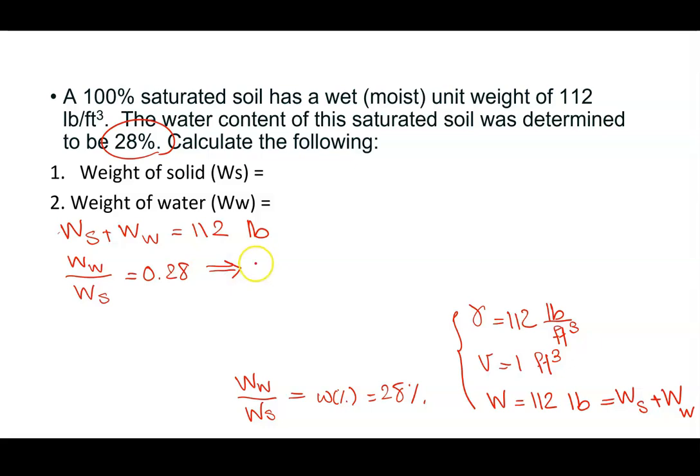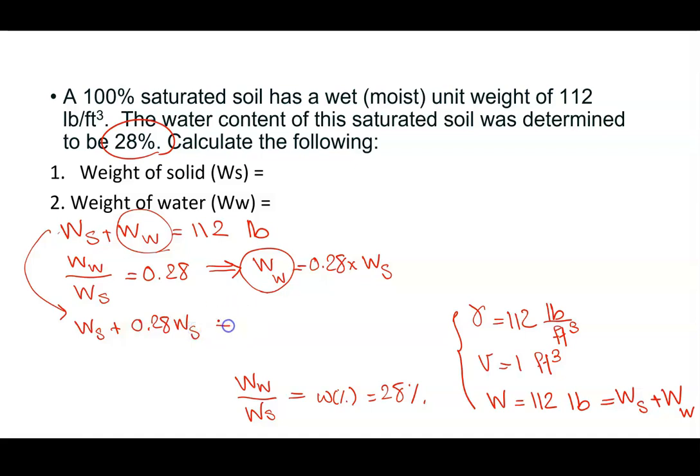Rearrange this one and we get weight of water is 0.28 times the weight of solids. We put this in here and we get weight of solids plus 0.28 weight of solids is equal to 1.28 weight of solids, and that's equal to 112 pounds.